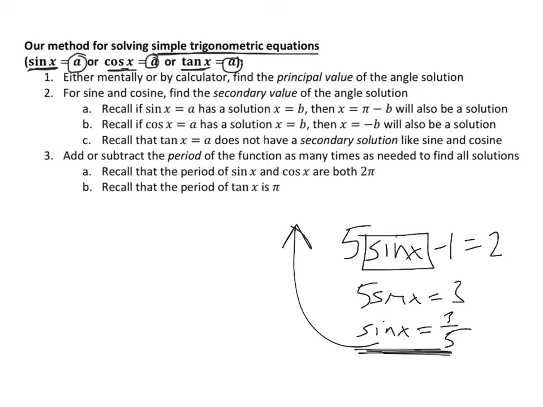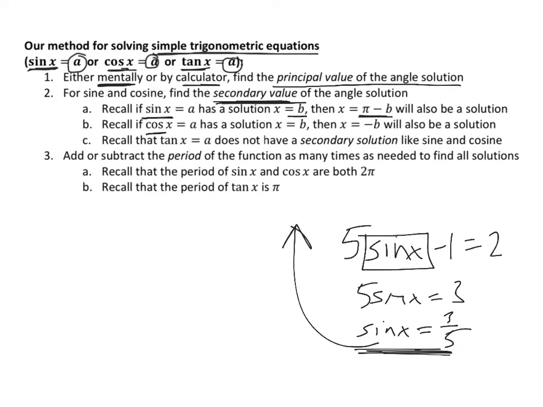Step one, either mentally, by which I mean unit circle values, or by the calculator, you're going to find the principal value of the angle solution, the first real solution to this equation. Second, for sine and cosine, remember that there is always a secondary value of that angular solution. If you're working with a sine equation, you find the second one by taking your first solution and doing pi minus that.